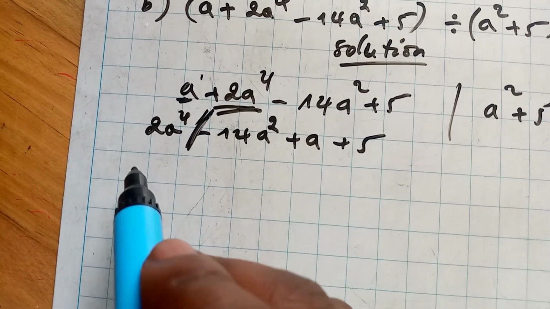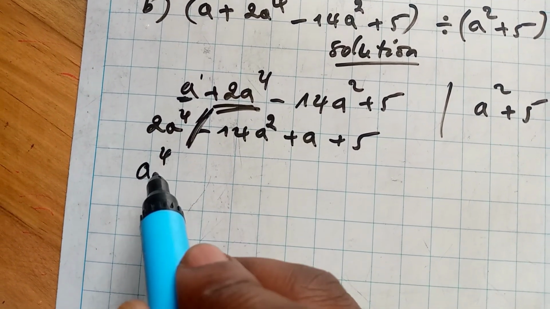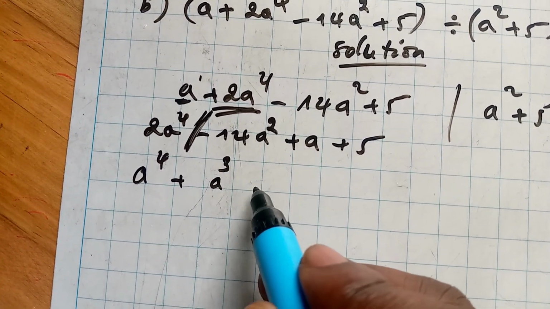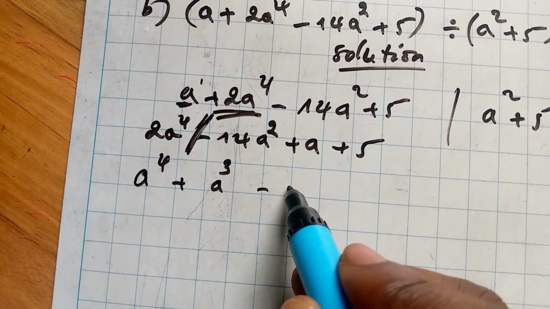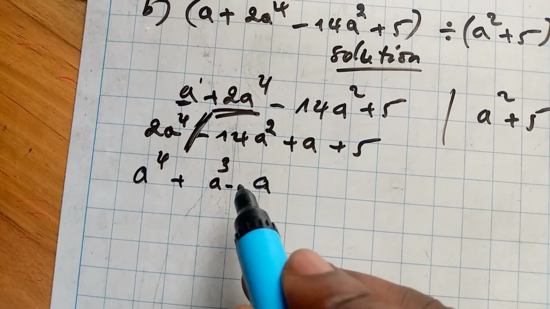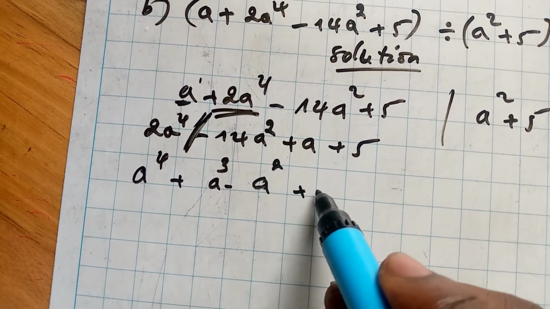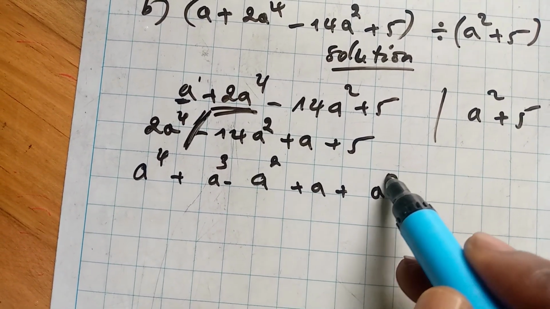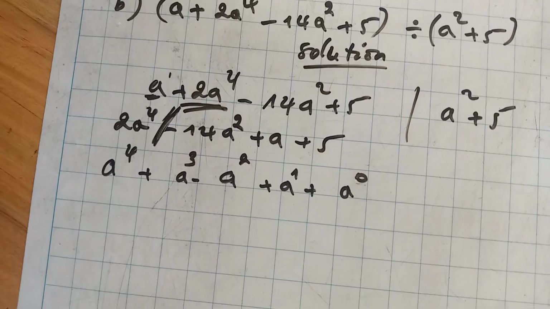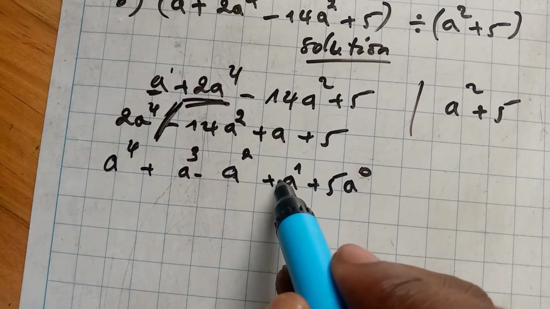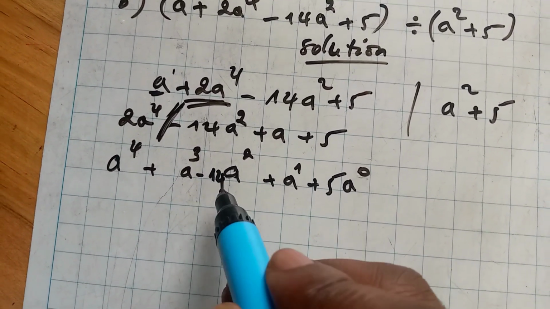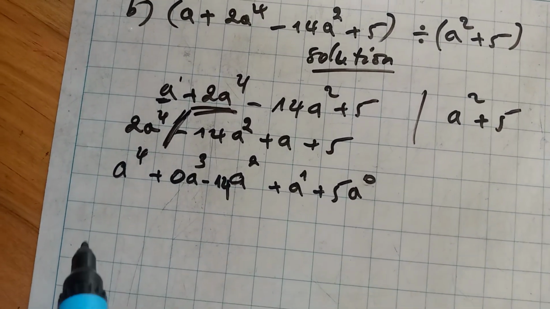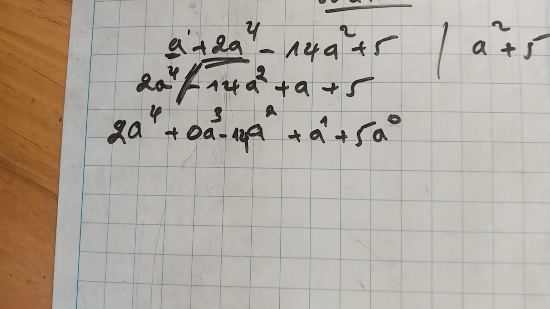Here we need a^4 plus a^3, minus a^2 plus a^1 plus a^0. Yes, here we have 5, here we have 1, here we have 14, and for a^3, which is not given, you have to put 0, then here you have our coefficient 2.